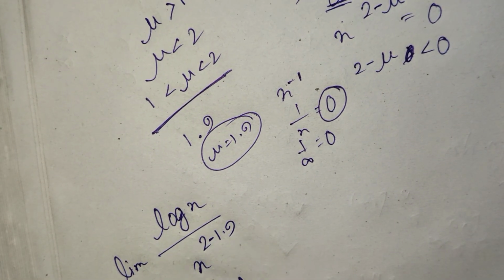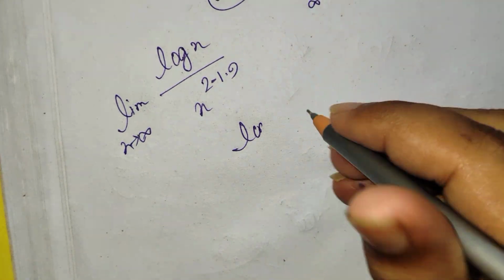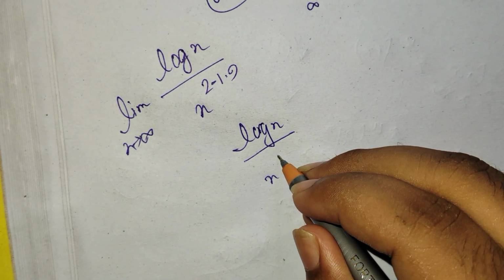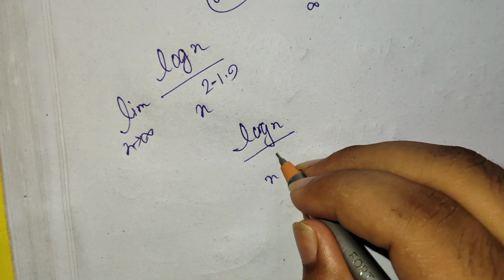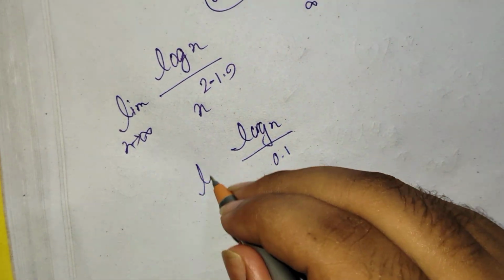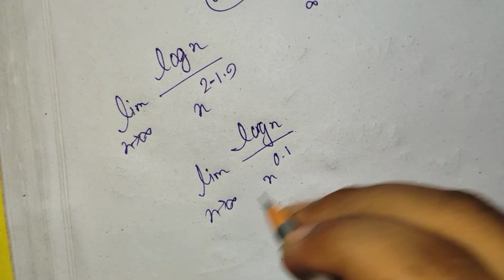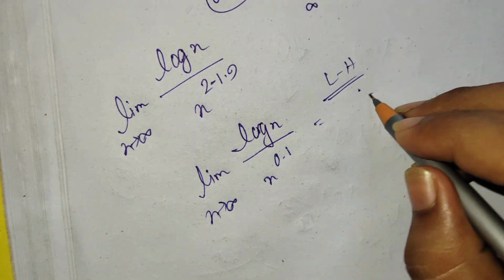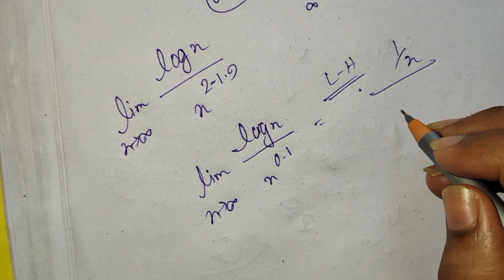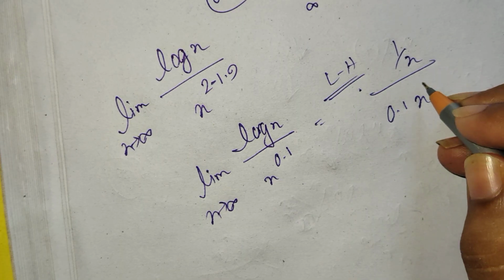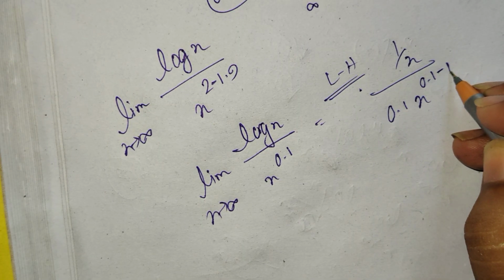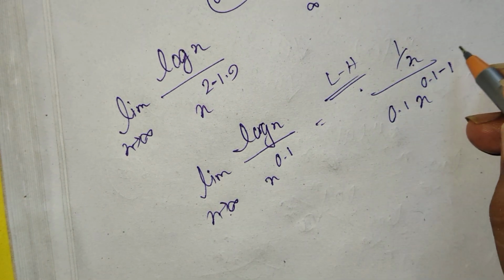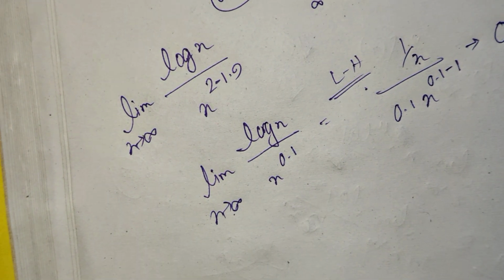Now this is nothing but log x over x to the power 0.1, limit x tends to infinity. Now you can see we are using L'Hospital's rule, simple. This is 1 by x, this is 0.1 into x to the power 0.1 minus 1. Now if we put infinity here, then it will be 0.